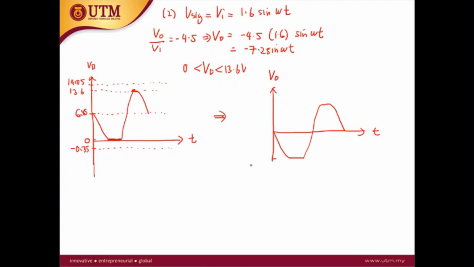So the minimum is minus 6.85. Okay, minus 6.85, and then at this point, the clipping is until 6.75. Okay, so this is the answer for the last example.